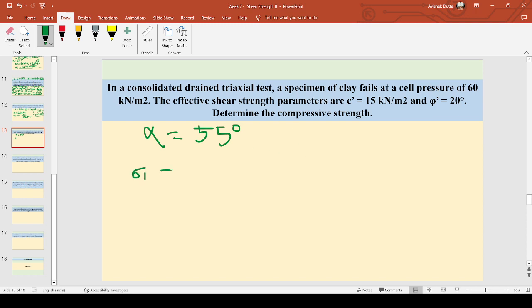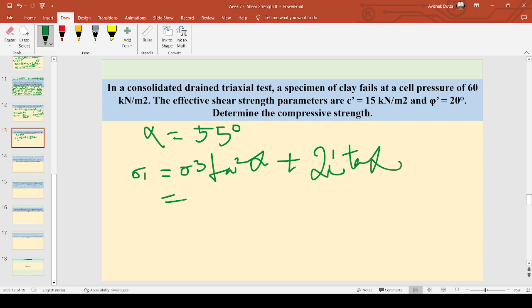Sigma 1 equals sigma 3 tan square alpha plus 2c tan alpha. Sigma 3 is 60. Put in the values, we get sigma 1 equals 165.24 kilonewton per meter square.